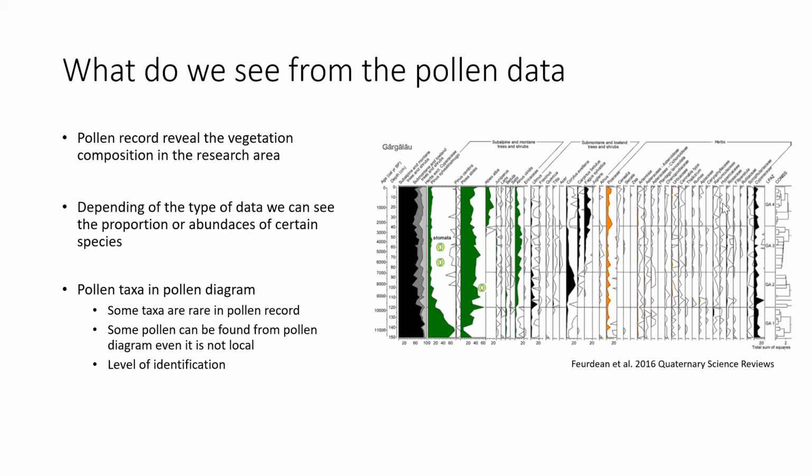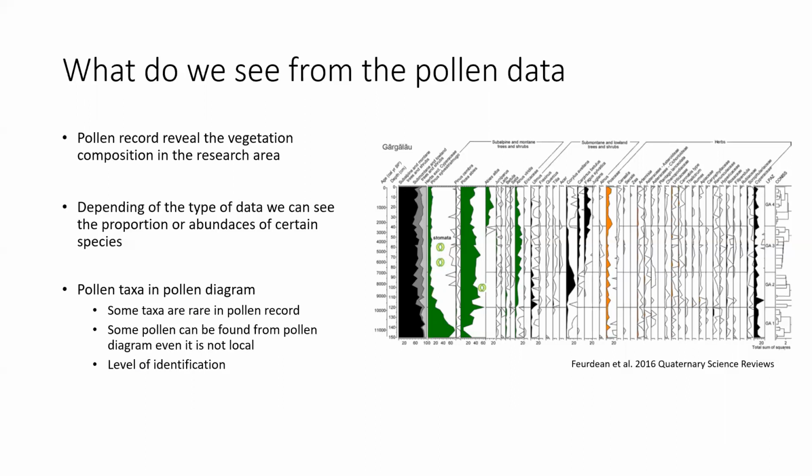When creating and interpreting the pollen diagram, we have to keep in mind that some taxa are rare in the pollen record, and usually absence from the pollen record doesn't necessarily mean that it didn't grow in the area, in the case of rare taxa.